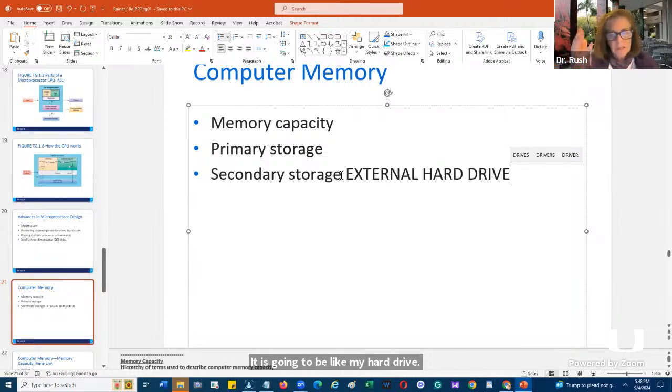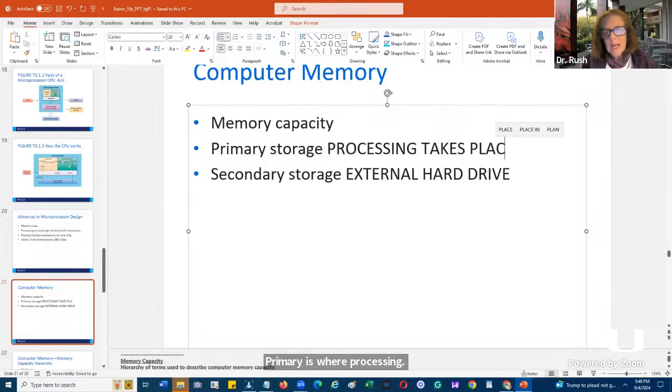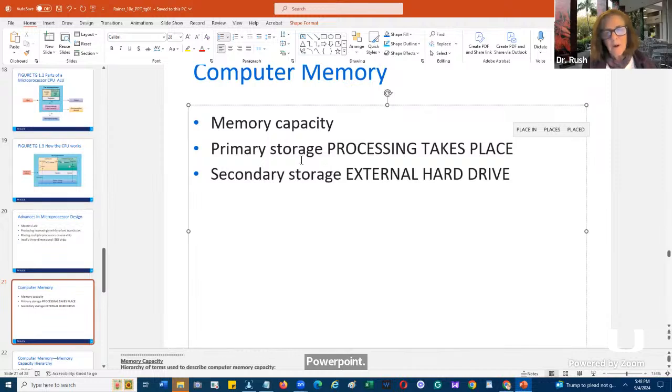It could be my memory sticks, all those types of things. And this primary memory is where processing takes place. When I'm making adjustments, when I'm making additional comments here in my PowerPoint, it is now in primary storage.